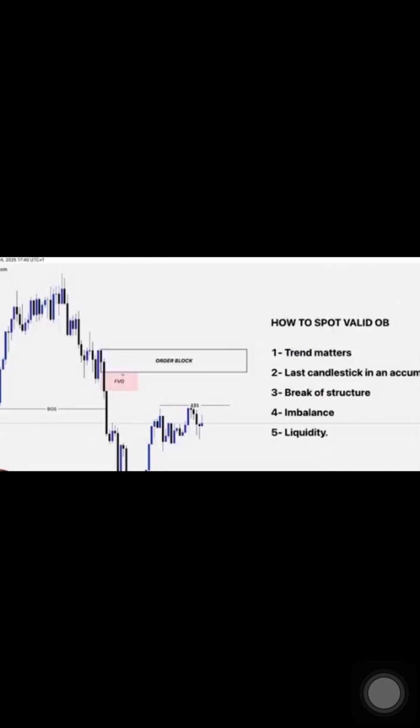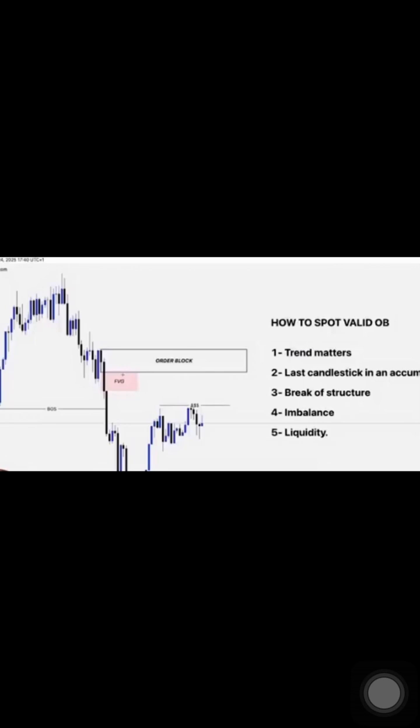You cannot have a sell trend bias for the day and be working on a sell order block for a buy. It's wrong. You must work according to the trend. If it's buying, then you wait for all the confirmations I listed to spot the order block and take the bias you have for the day, whether buy or sell.